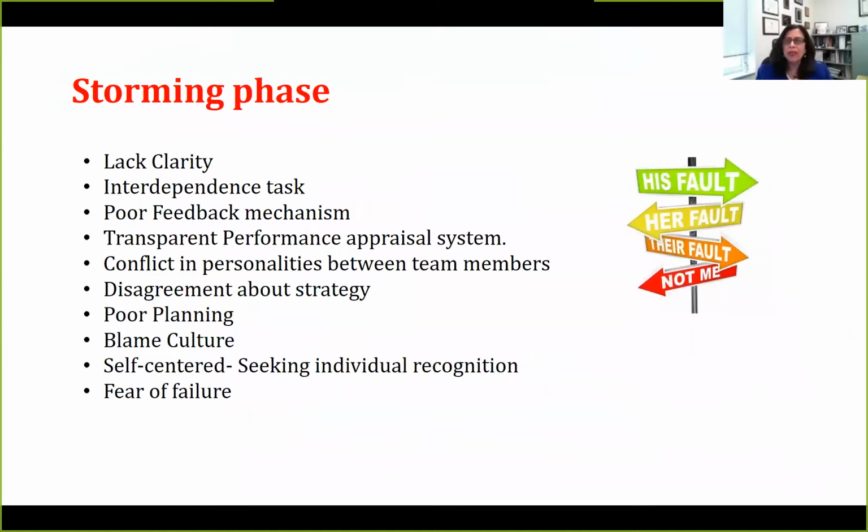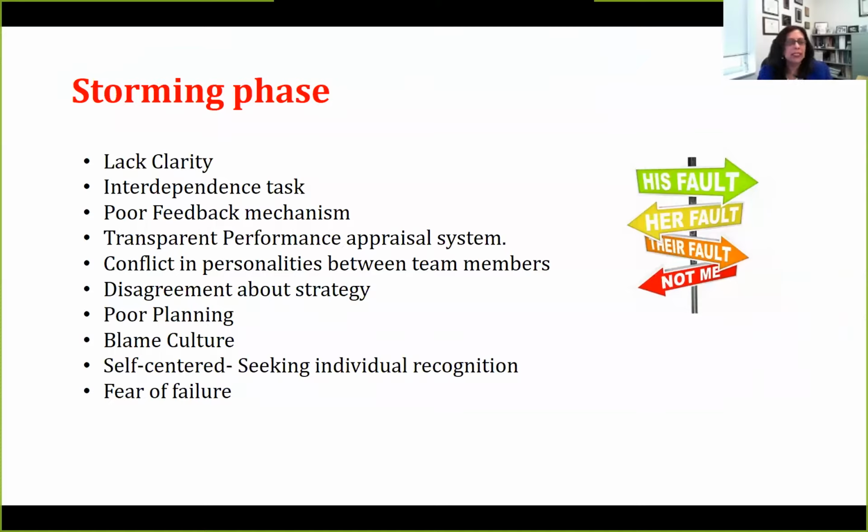With interdependent tasks, you have a dependency on a team member for collection of certain data. If that clarity is not given and time is not set up, that can also create a lot of conflict. The slide lists all of these bullets, which we'll quickly go over, and that is going to be what has to be sorted out during the storming phase.